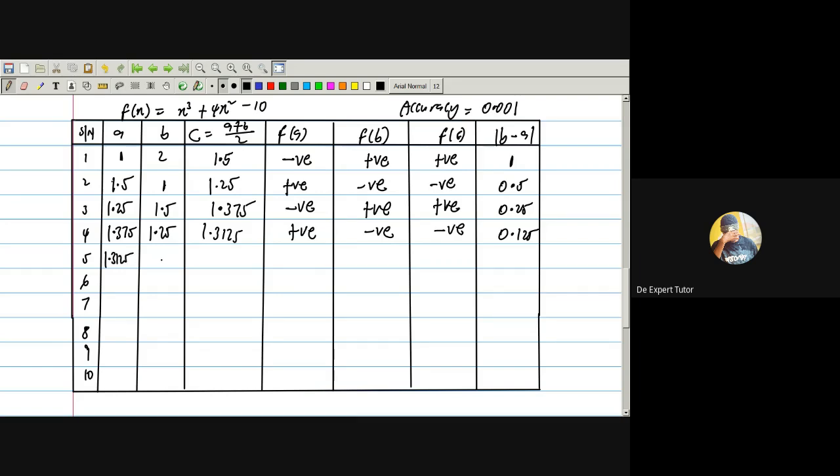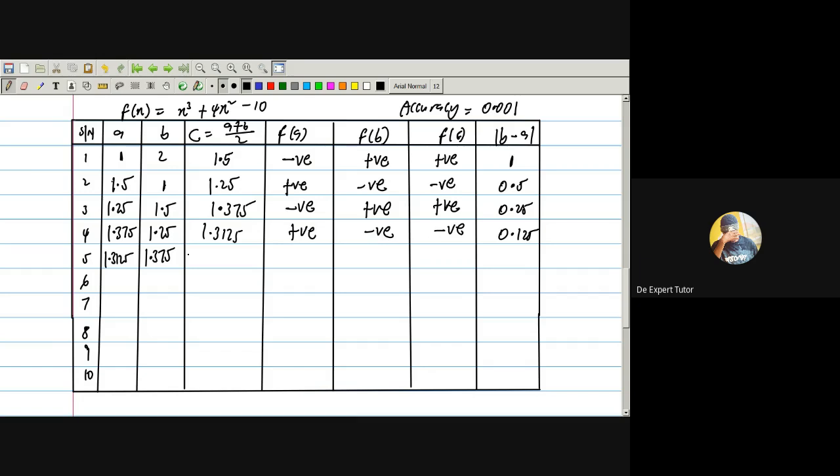1.3125. Which one am I picking? This is negative. I'm picking the positive one, 1.375. You observe this thing is converging. How do you divide by 2? 1.3125 plus 1.375, divided by 2.